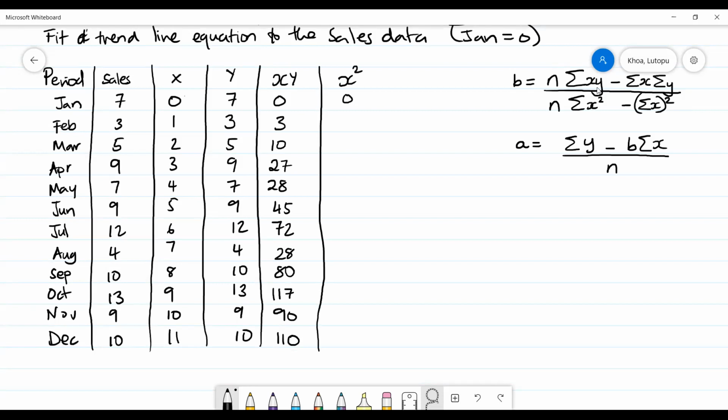So I have 0, 1 squared is 1, 2 squared is 4, 3 squared is 9, 4 squared is 16, 5 squared is 25, 6 squared 36, 7 squared 49, 8 squared 64, 9 squared 81, 10 squared 100, 11 squared 121. Okay, that's about everything I will need to substitute over here.